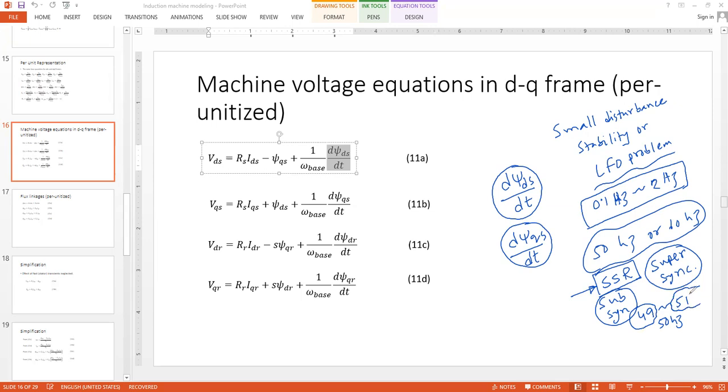In those cases, we cannot assume these two to be neglected. However, for the LFO problem or the small disturbance stability problem, our frequency of interest is completely different. It lies in a very small frequency range. So we are not going to include these dynamics in our model. We can neglect them.